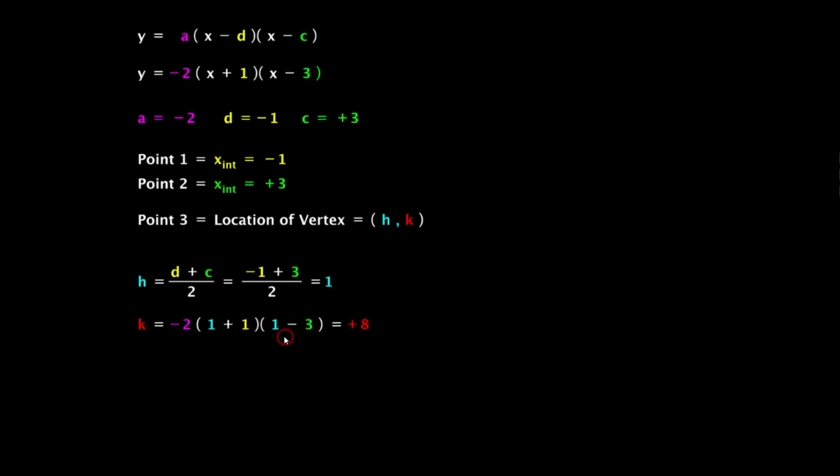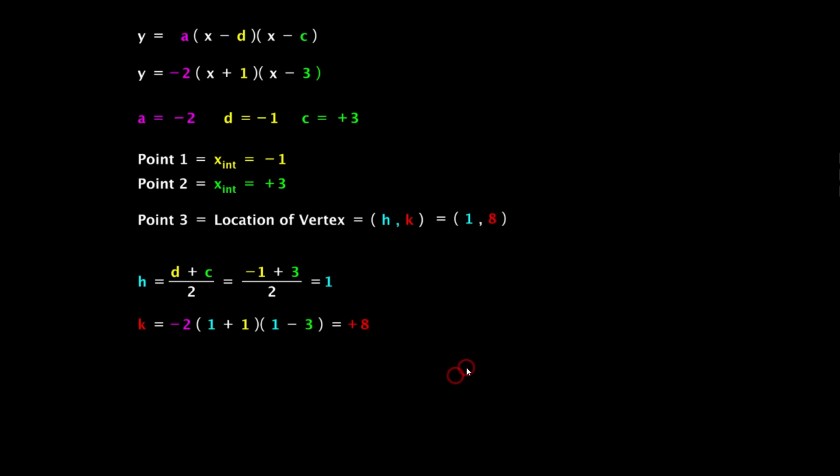That is a +2, that is a -2. So 3 2s, 2 times 2 times 2 is 8. 2 negatives make a positive, then the negative, so it's +8. Done. So once we get the y value, we just write h comma k is 1 comma 8.